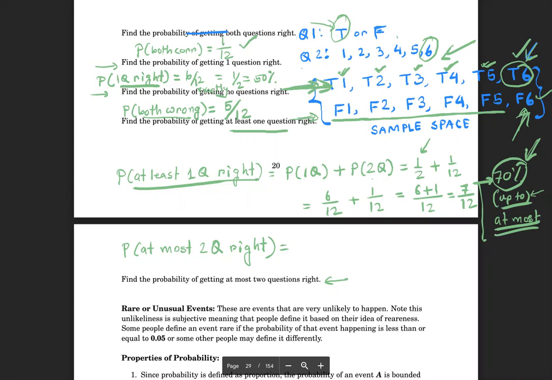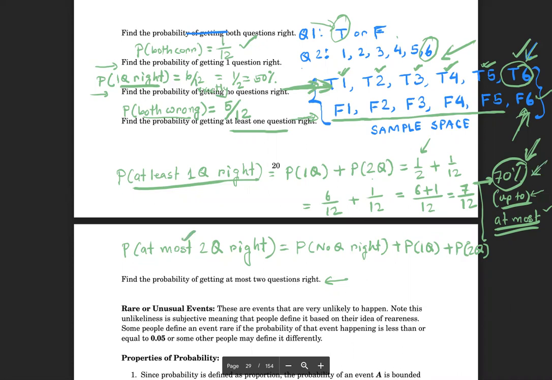Probability of at most 2 questions right means the probability of getting 0 questions right, plus the probability of getting 1 question right, plus the probability of getting 2 questions right. Correct? So that's like at most. Up to 70%, it could be 70%, 60%, 50%, 30%, 40%, 25%, 0%. That's also up to 70%, right? That's exactly what this problem is.